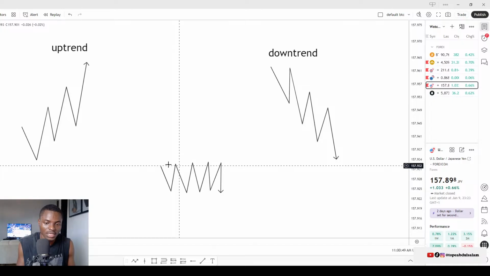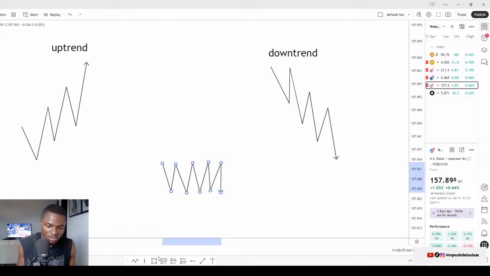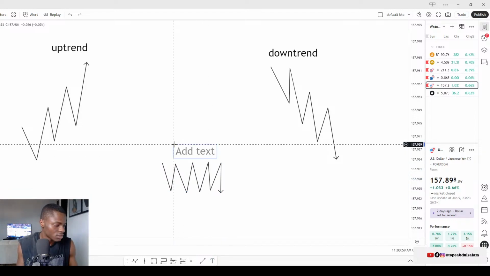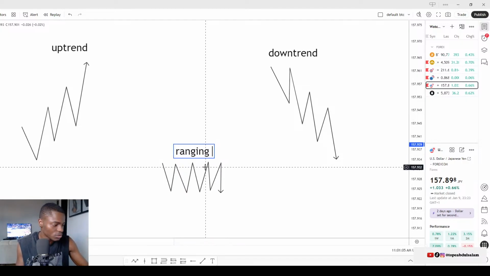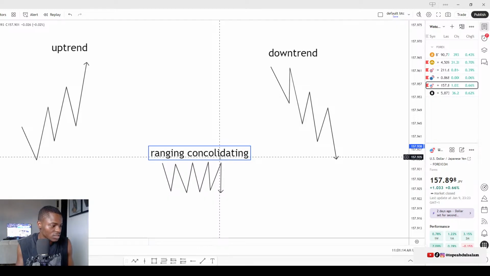And this we call ranging, or you can call it consolidating. So this is ranging, if the market is trading within a particular price point, or consolidating.